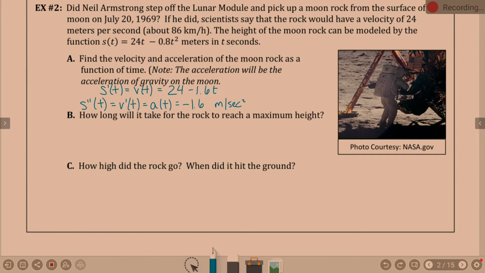Okay, B. How long will it take for the rock to reach a maximum height? Okay, think here. Is the physics drawing the same as the algebra drawing?